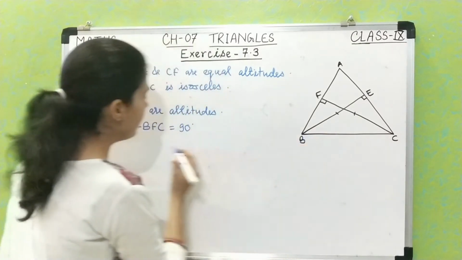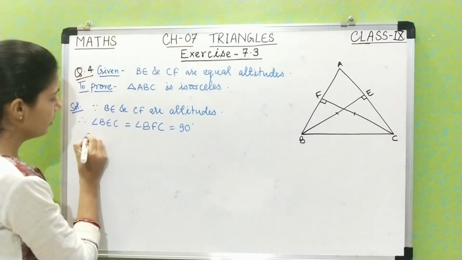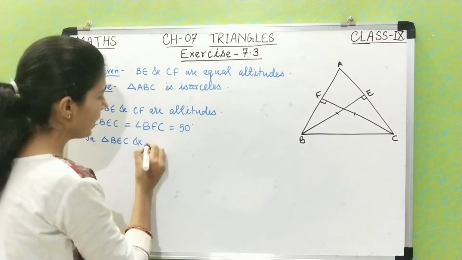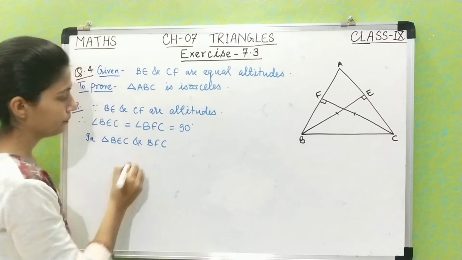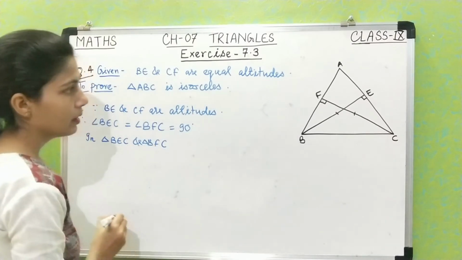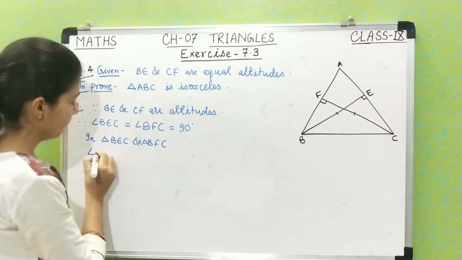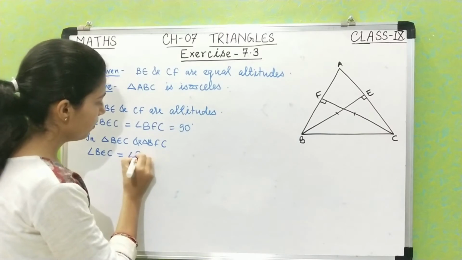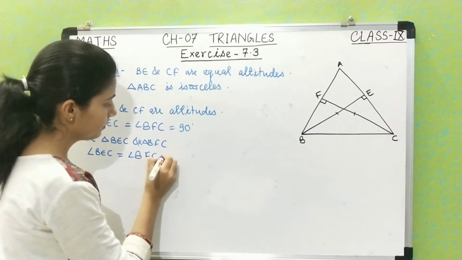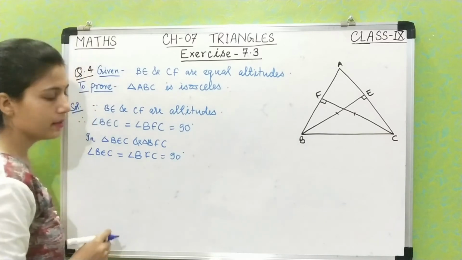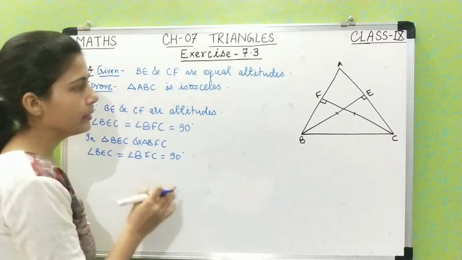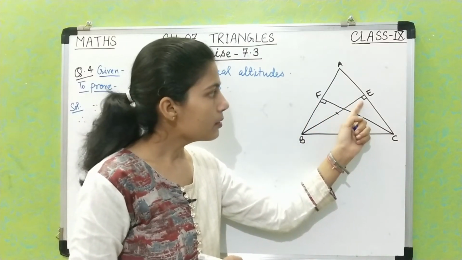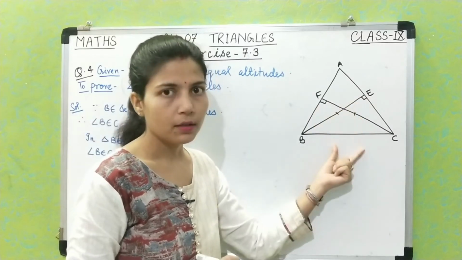Now see, in triangle BEC and BFC, angle BEC is equal to angle BFC. Both are of 90 degrees, that's why they will be equal. Okay, now see, since these angles are right angles, the side opposite to these angles will be the hypotenuse.